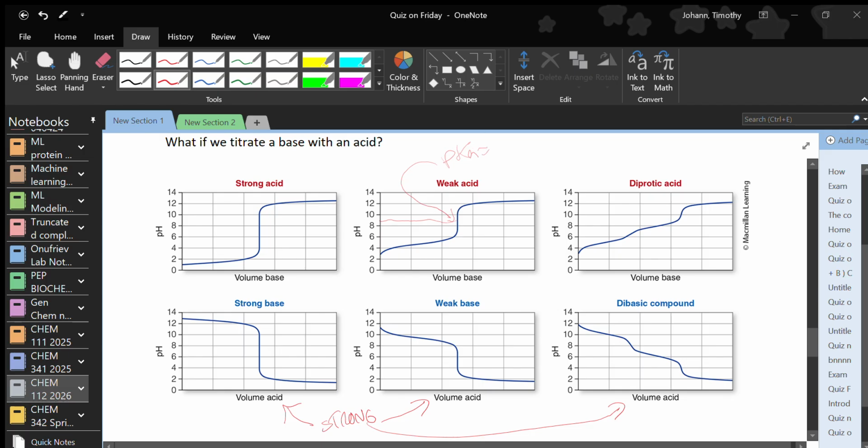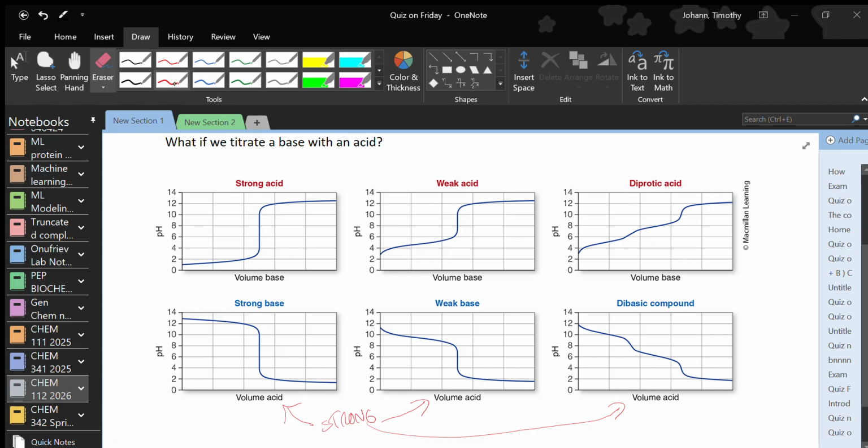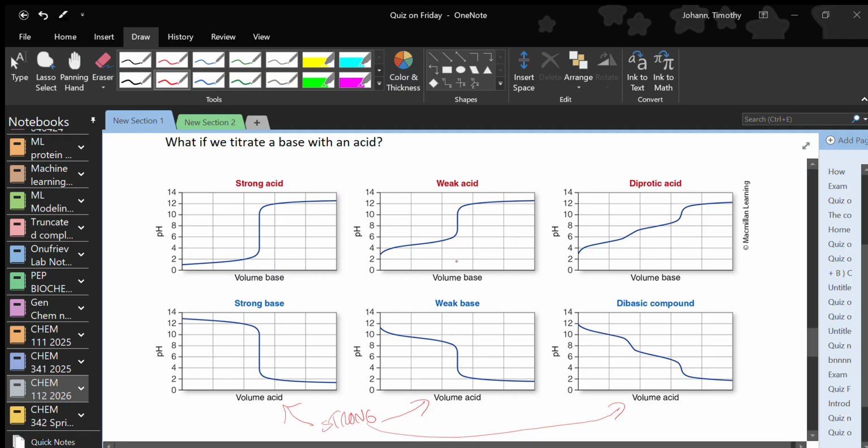Oh, wait, no, not there. Sorry. Let me back up. The pKa is at the half equivalence point. Almost had to send out a correction after one of you caught it. So this is the equivalence point, and this is the half equivalence point. So actually it's the same graph as before, so the pKa is probably 4.75. Same sort of thing.